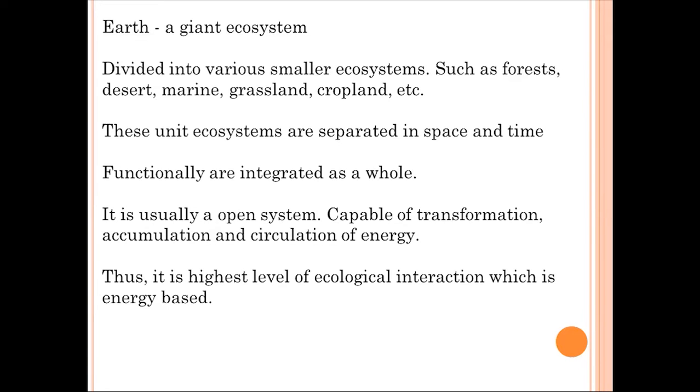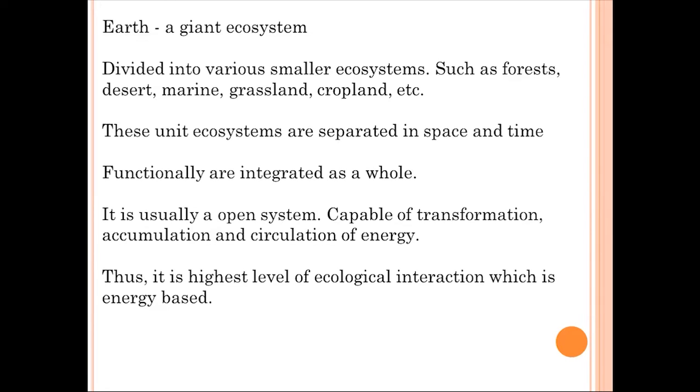Salmon migration is very famous, wherein this fish migrates from oceans into the rivers for breeding. Thus, the ecosystems are functionally integrated.